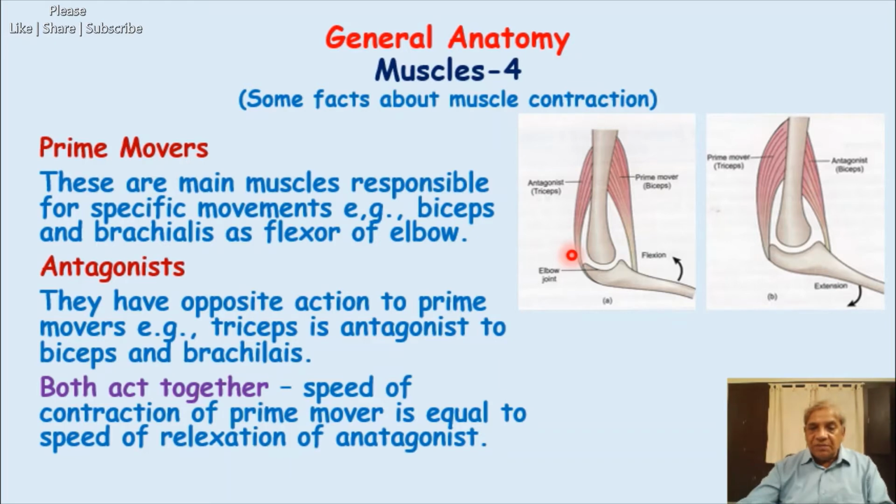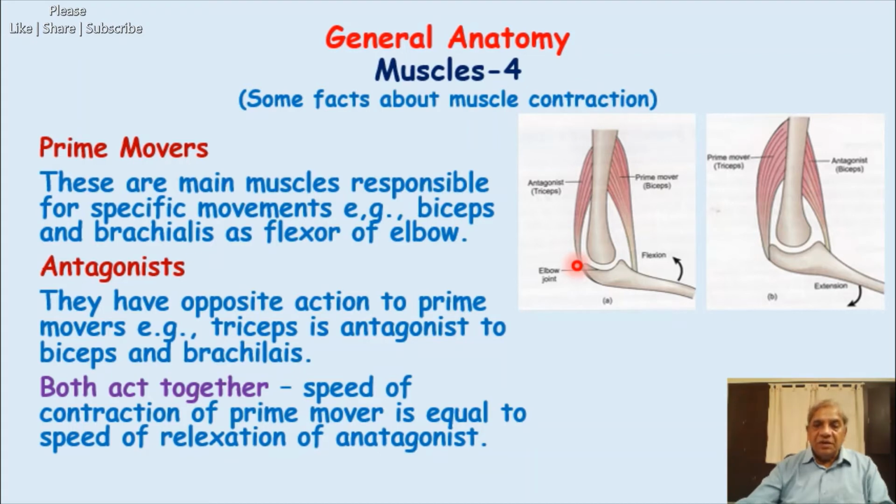So which is the opposite muscle for the movement of flexion? The opposite movement is called extension, and here at the elbow, the extension movement is produced by the triceps.